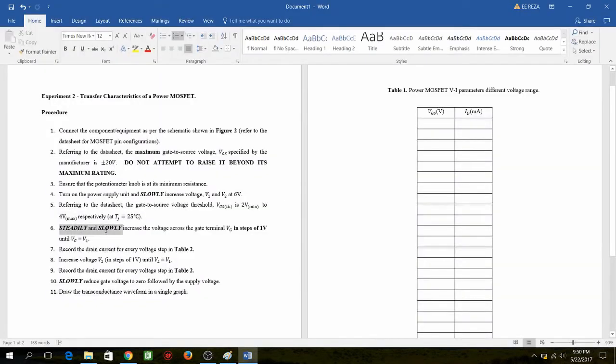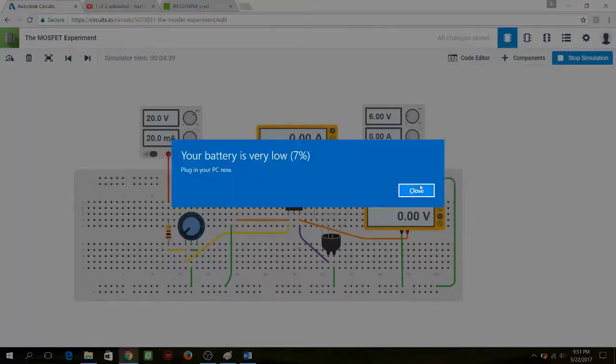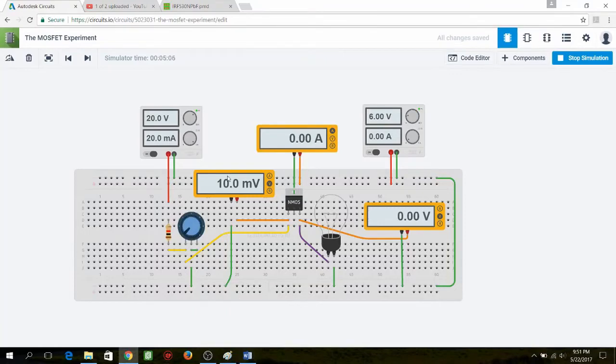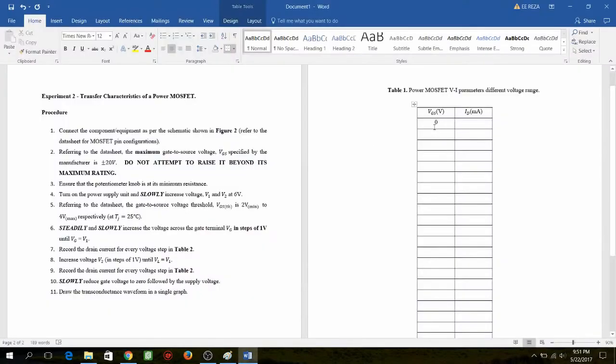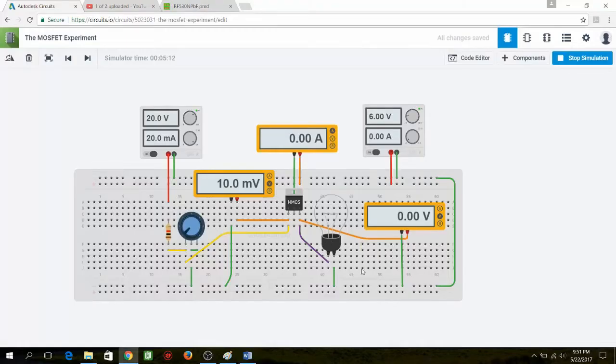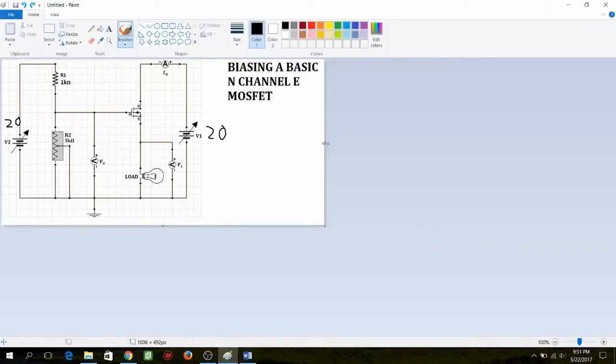So we shall steadily and slowly increase the gate terminal in steps of 1 volt until VG is equal to V1. So right now at 0, yeah, 10 millivolt is practically 0. So what is your drain current? Yeah, 0 as well. So you can draw the transconductance curve or the drain characteristic like this in a way.